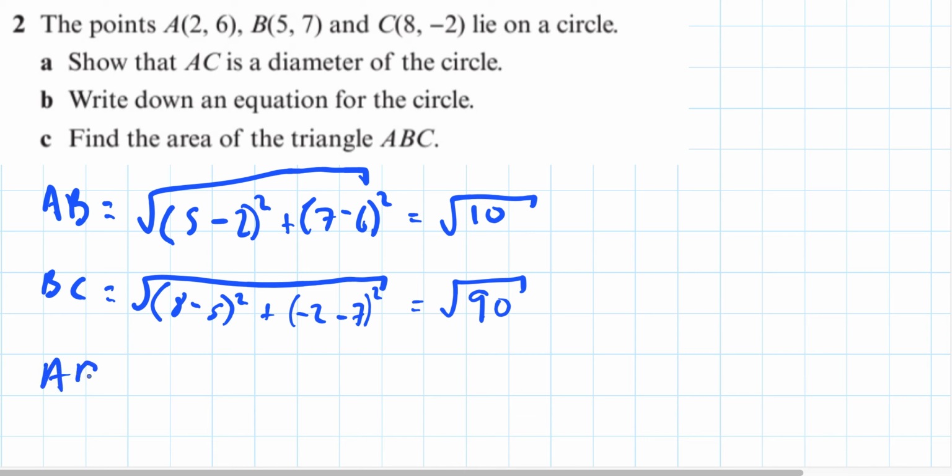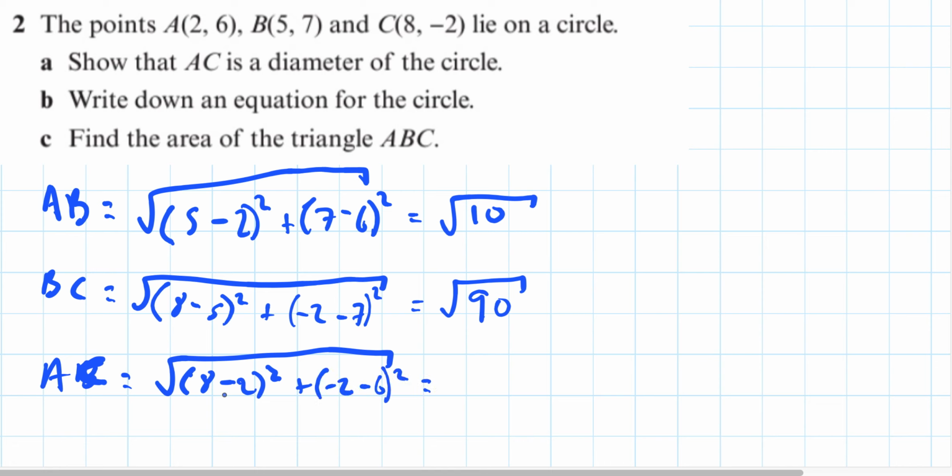And AC, sorry, equals square root of 8 minus 2 all squared plus minus 2 minus 6 all squared, which equals 6 squared is 36, 8 squared is 64, square root 100, and we can see it will add up.